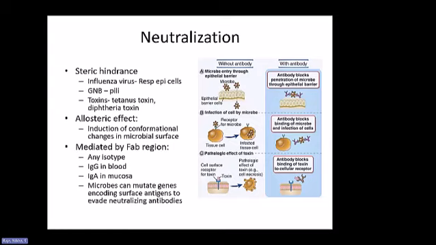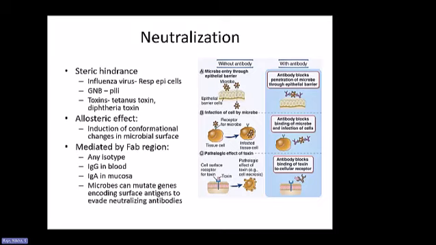Unlike other functions of antibodies that are related to Fc region, neutralization is a function that it performs using Fab region. So all isotypes can be part of that. IgG is using neutralization mostly in blood, IgA mostly in the mucosal area, and unfortunately some of the microbes will mutate the genes encoding the surface antigens so that they can evade the neutralizing antibodies.